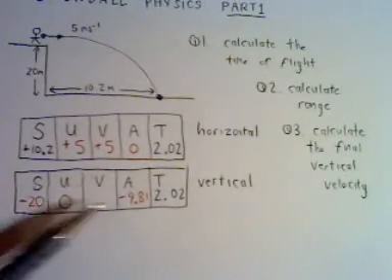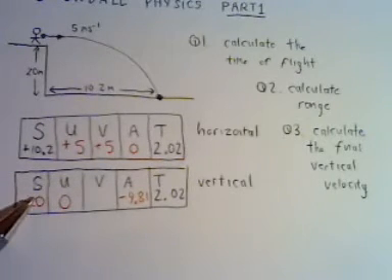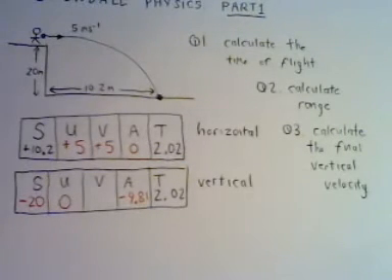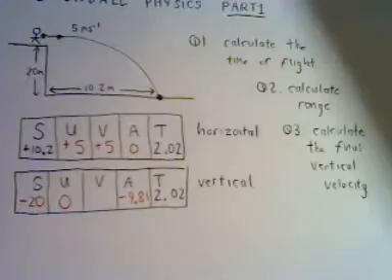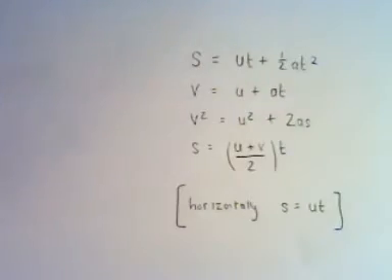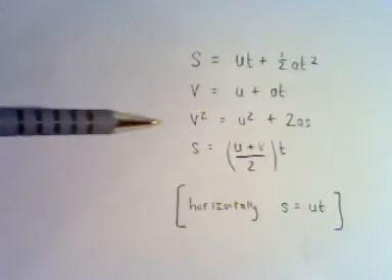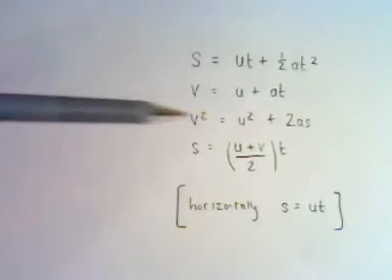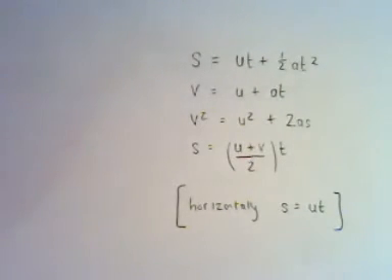Let's imagine we didn't know t and we'd only been provided with s, u and a. And let's see which Suvat equation we'd need to use in order to calculate v. Well, it would be this one, v squared equals u squared plus 2as. No t in this equation here.